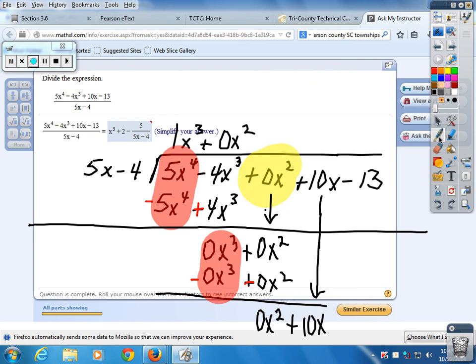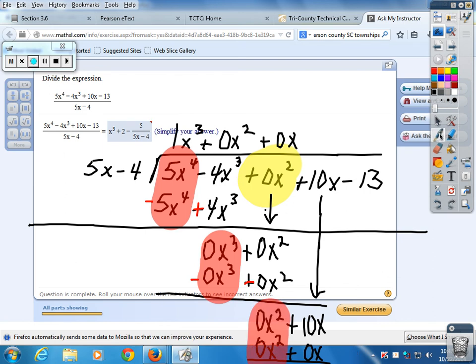All right, how many times will 5x go into 0x squared? 0x times 5x is 0x squared. And 0x times negative 4 is positive 0x. I'm going to put a line there, and that one cancels.